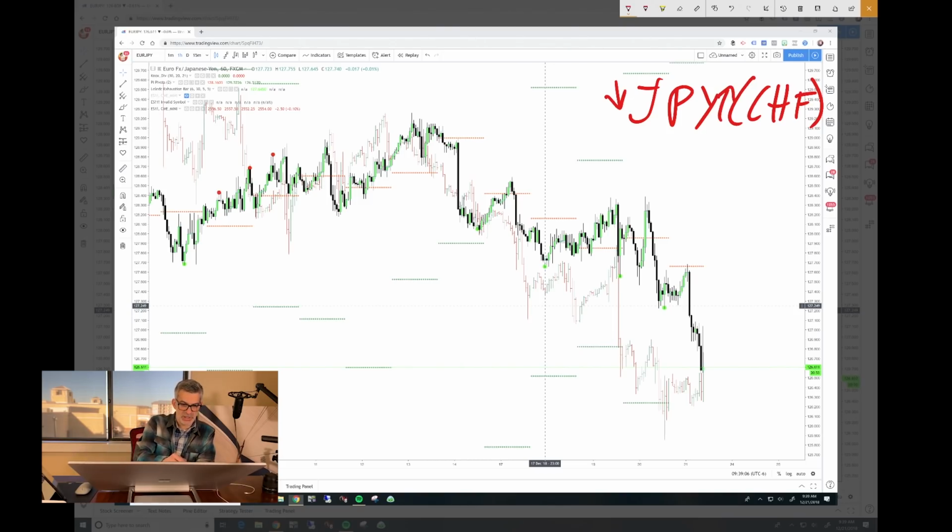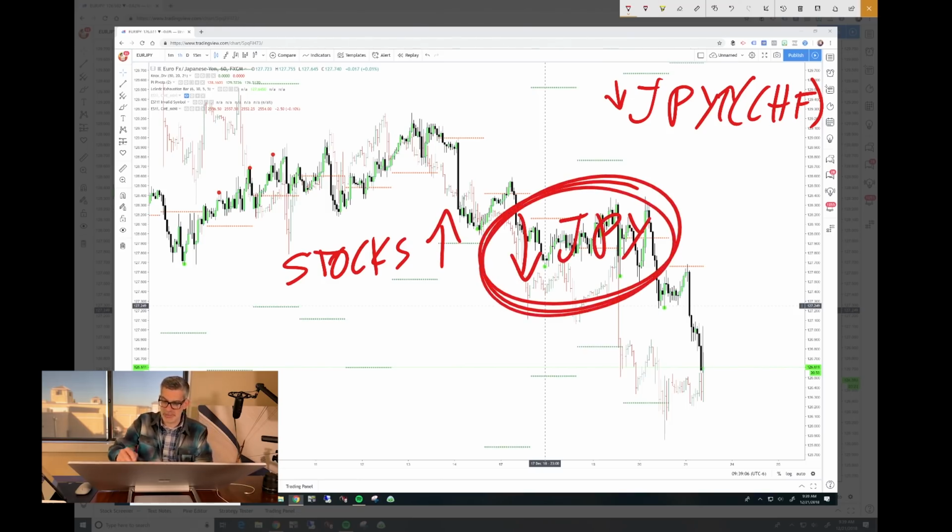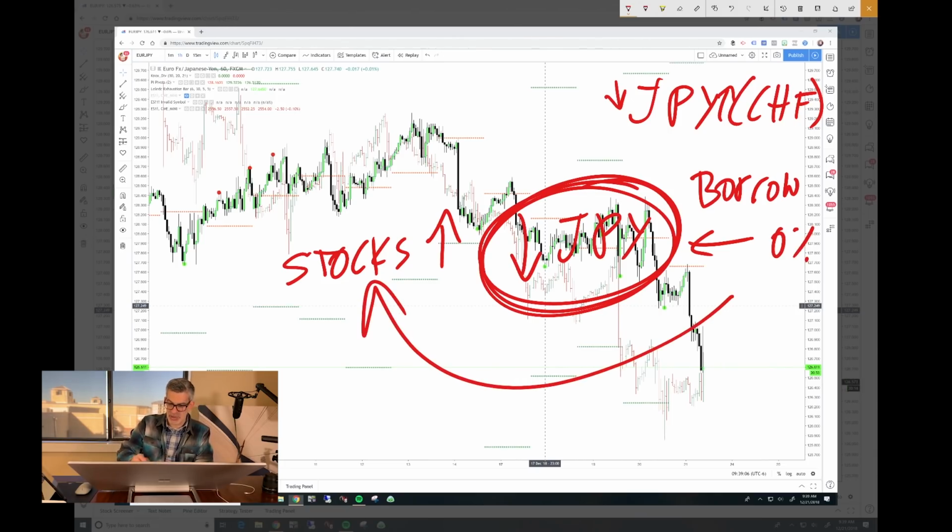So, for instance, let's say stocks go up. The Japanese yen goes down. Now, why would that be? That's because people or institutions borrow Japanese yen at low interest rates, and then they invest that money in stocks. It's basically, when there are really low interest rates and a rising stock market, like a free return.